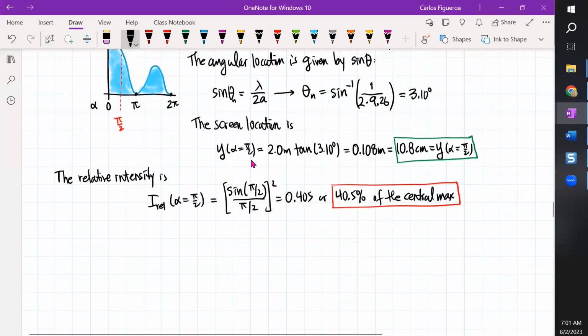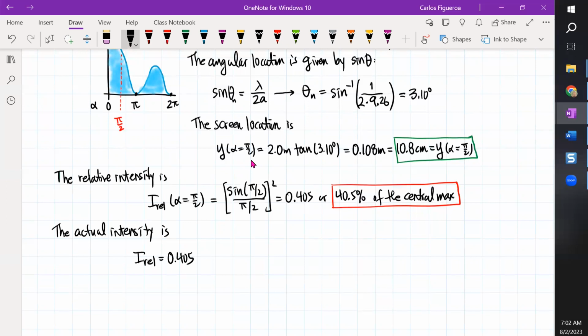So the actual intensity is then going to be I relative, which is 0.405.